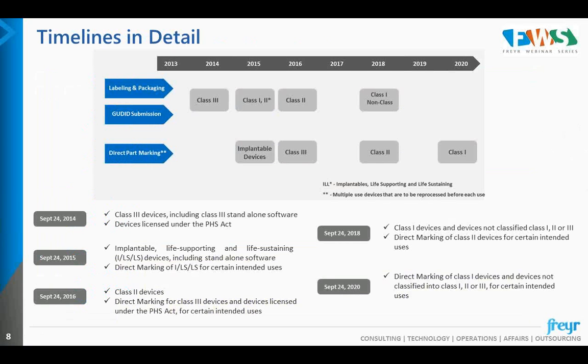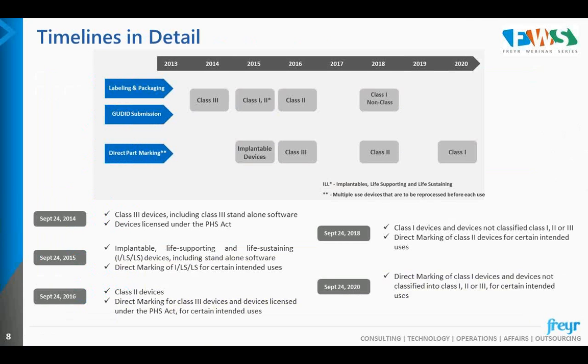Moving on to Class 1 and Class 2 medical devices. Class 2 being such as wheelchairs or single-use scalpels, et cetera. So they're moving from Class 3, Class 2, Class 1. You see the timeline going out to 2018, which is a Class 1 non-class, a little bit confusing.